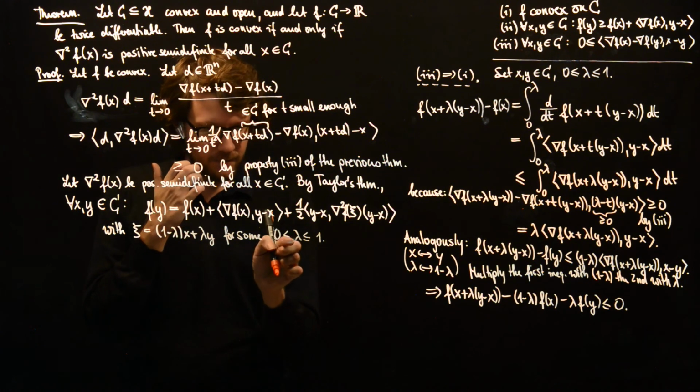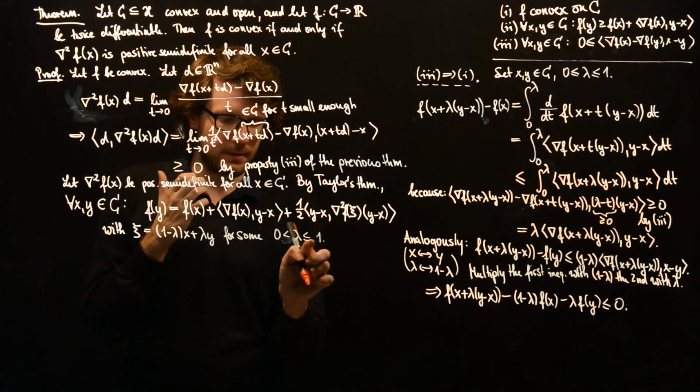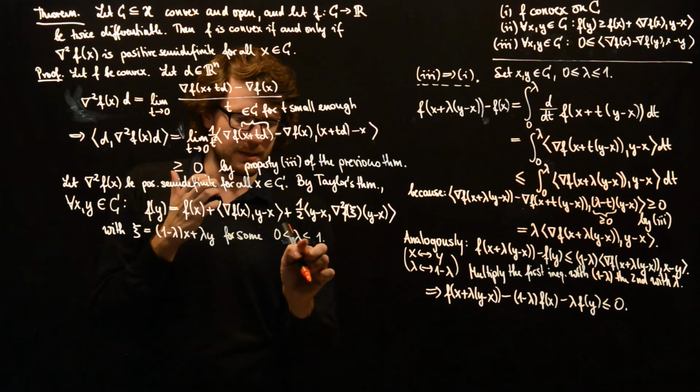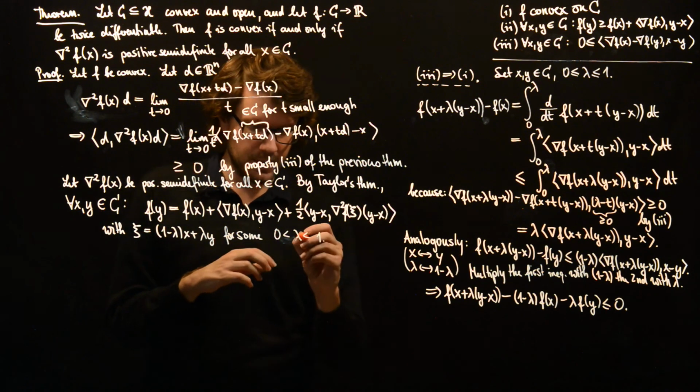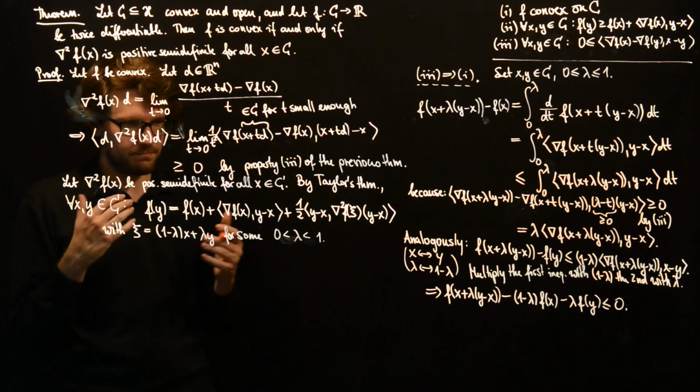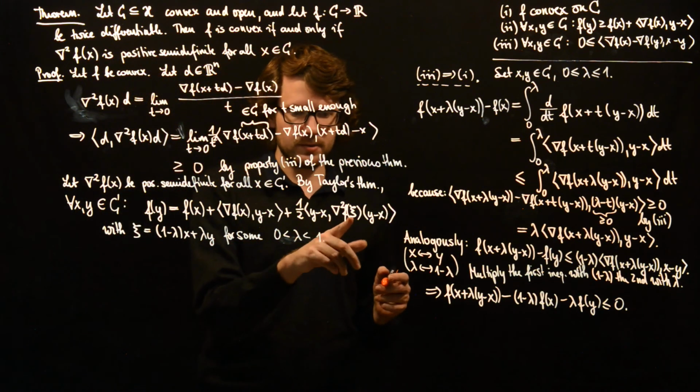Actually, Taylor's theorem says that it is actually in between, and it's not exactly 0 and it's not exactly 1. So it can always be chosen in between.